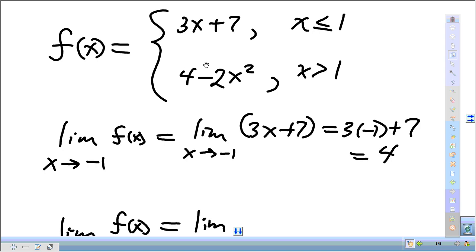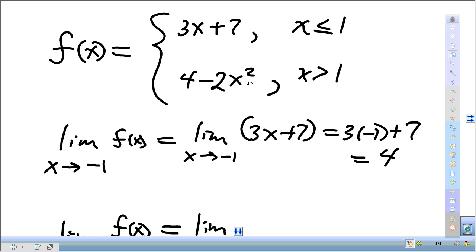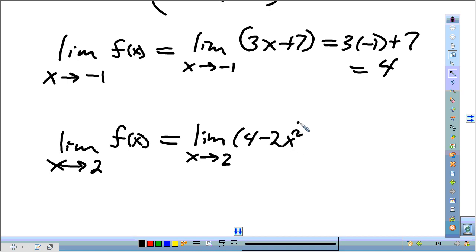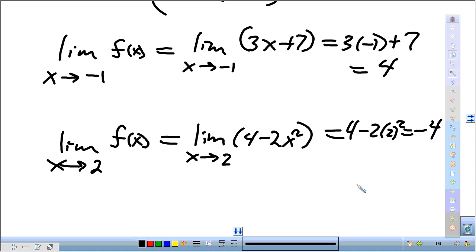It's close to 2, it's always defined by 4 minus 2x squared. And so in that case, evaluation at 2 gives us minus 4. Away from the splices, nice and continuous evaluation works.